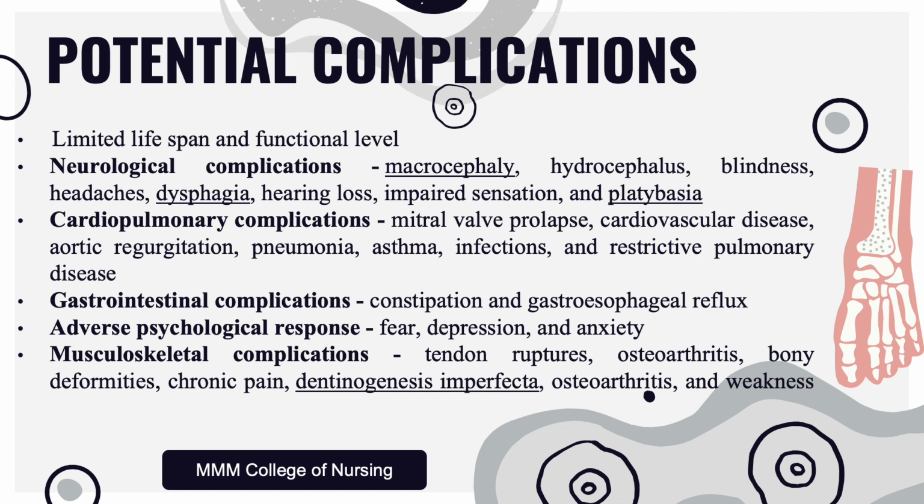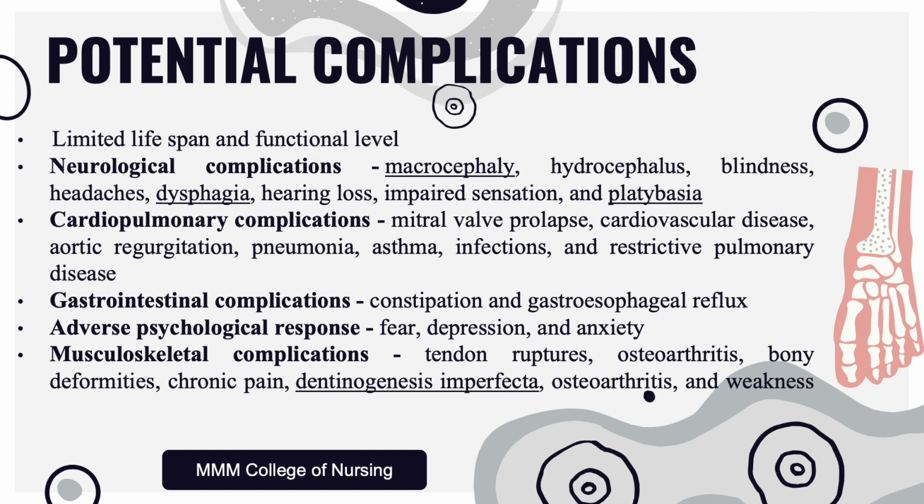Here, there is too much CSF or cerebrospinal fluid buildup in the brain's cavities, which are otherwise called ventricles, causing increased pressure on the surrounding brain tissue. Others include blindness, headache, dysphagia, that is difficulty in swallowing, hearing loss, impaired sensation, and platybasia, which is an abnormal congenital or acquired flattening of the base of the skull, where the upper part of the cervical spine pushes the skull base upward.